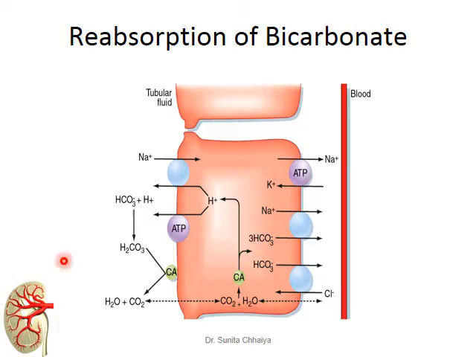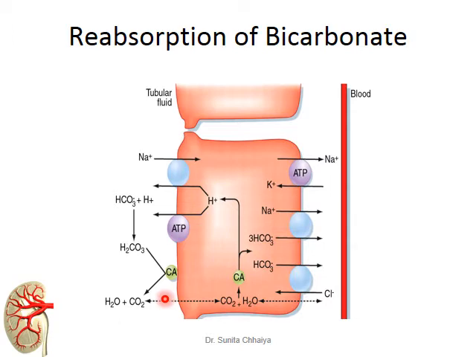Here you can understand how bicarbonate ion is reabsorbed from the proximal tubular cell. As such, bicarbonate ion cannot directly cross the membrane. For that, it requires the carbonic anhydrase enzyme. So the bicarbonate ion present in the tubular fluid combines with the H plus ion to form H2CO3. That H2CO3 is further metabolized with the help of carbonic anhydrase enzyme to form H2O and CO2.